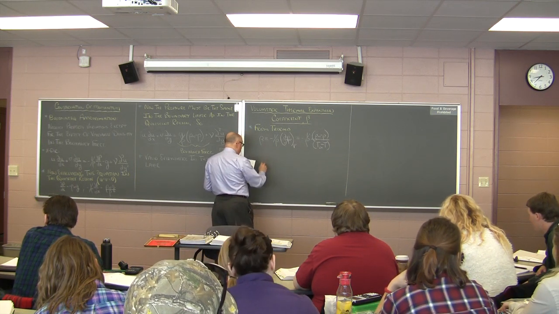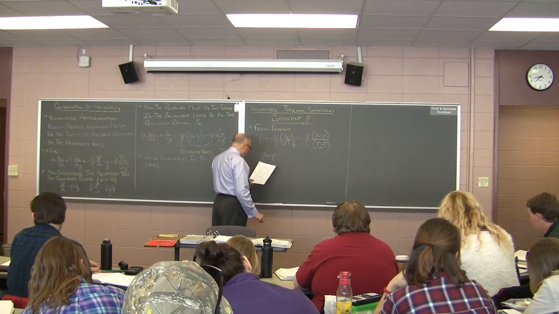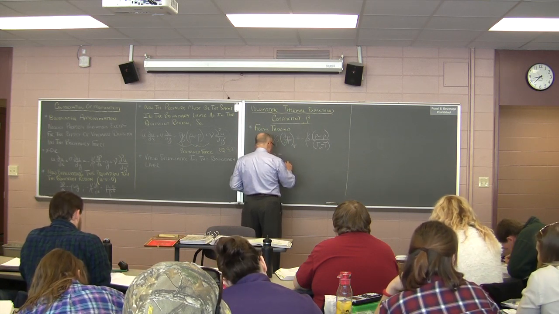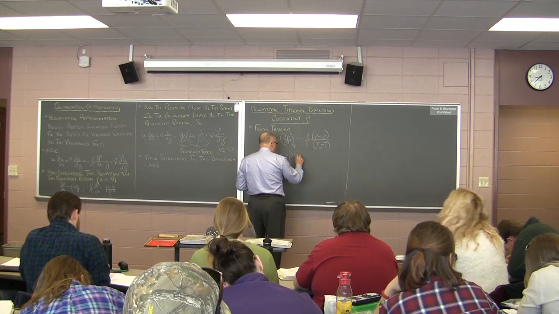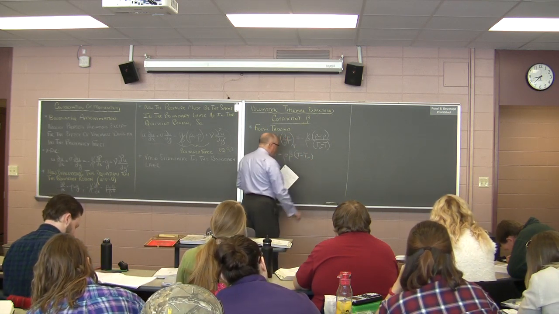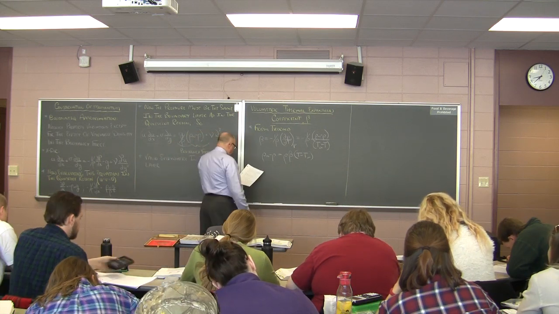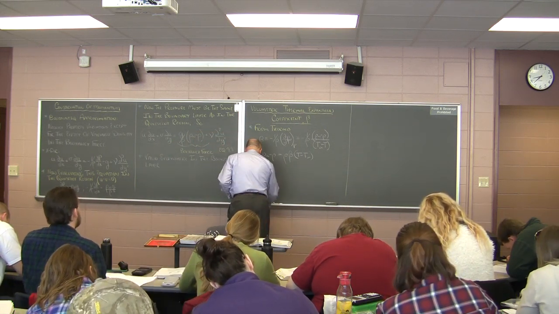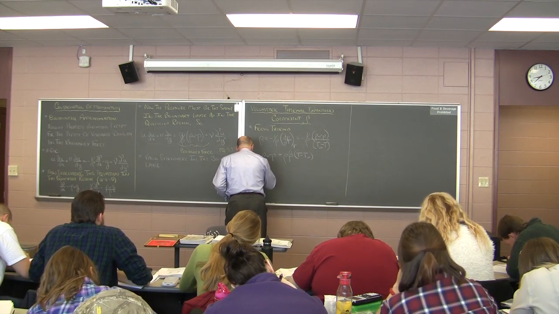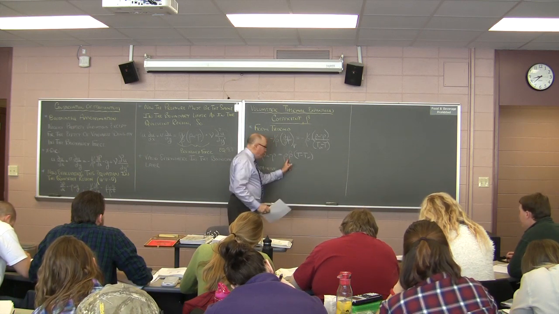Therefore, if we rearrange this, we have rho infinity minus rho is equal to rho times beta times T minus T infinity. Now, for most liquids you can look up beta as a property.